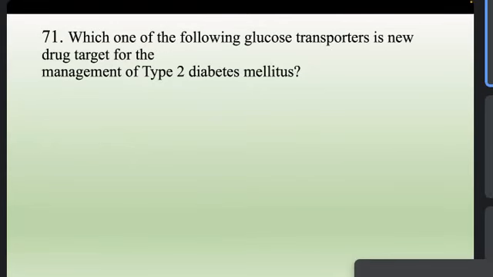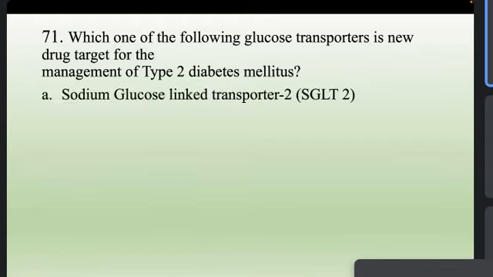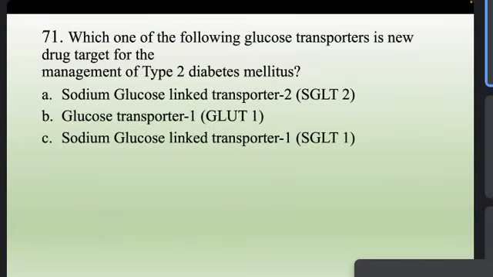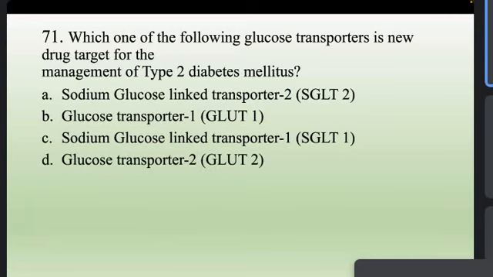Which one of the following glucose transporters is a new drug target for the management of type 2 diabetes? Options: SGLT2, sodium glucose linked transporter 2, glucose transporter 1, sodium glucose linked transporter 1, and glucose transporter 2. So which do you think is the newer drug target to manage type 2 diabetes?